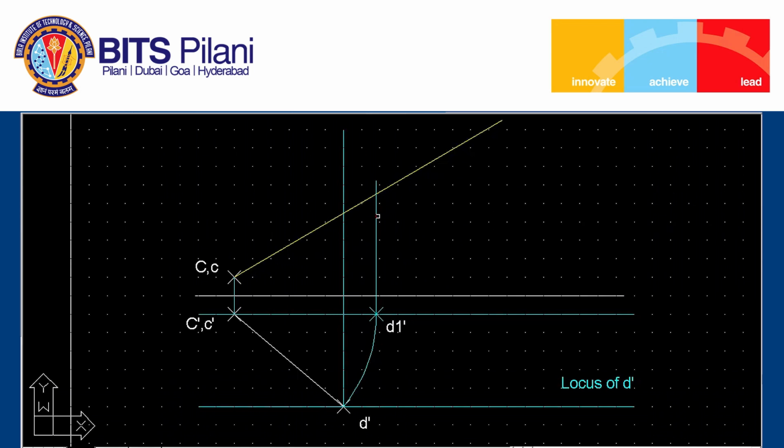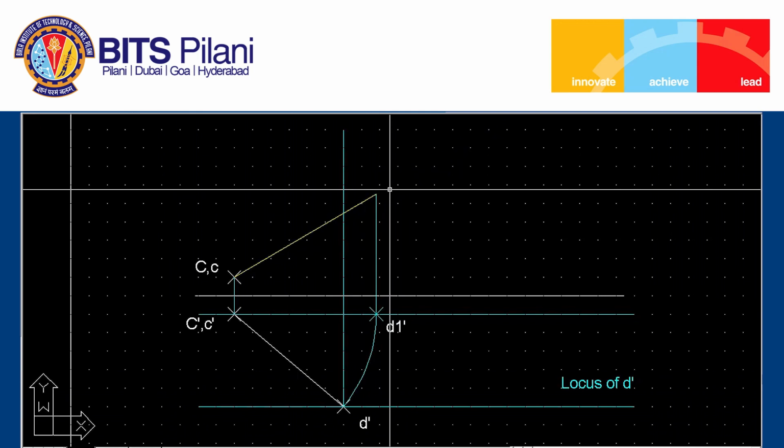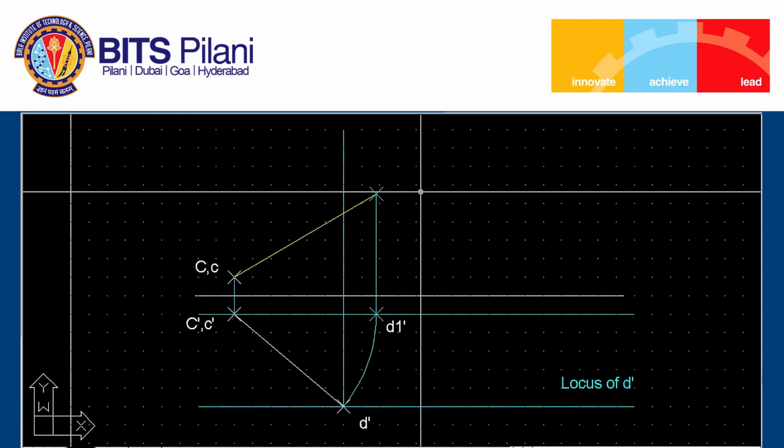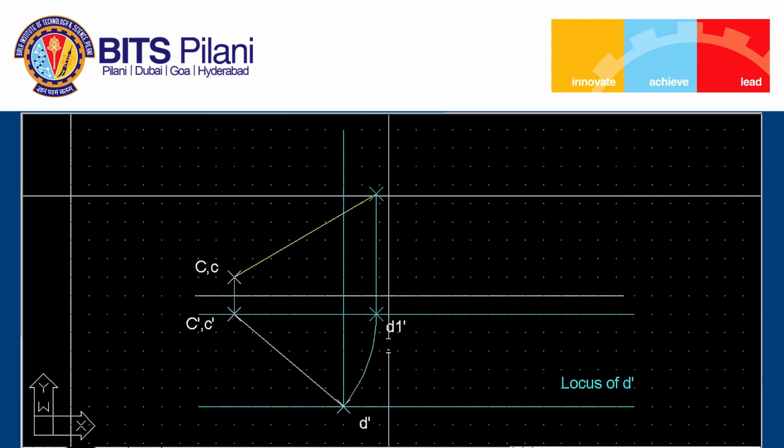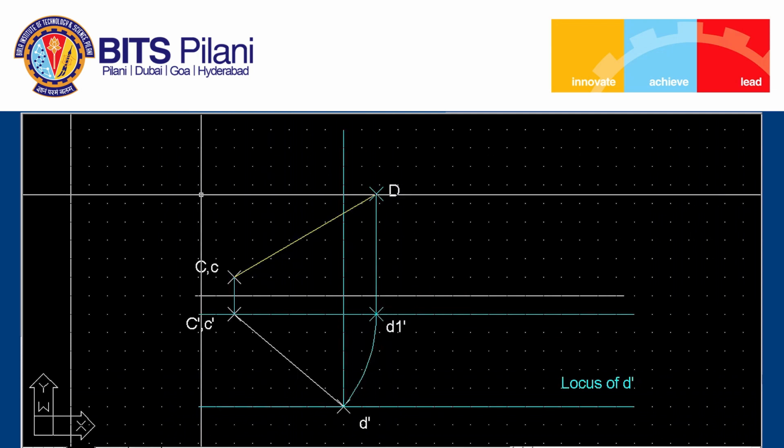So I want to trim the excess lines. This point is nothing but capital D, and I can draw the line passing through point capital D.